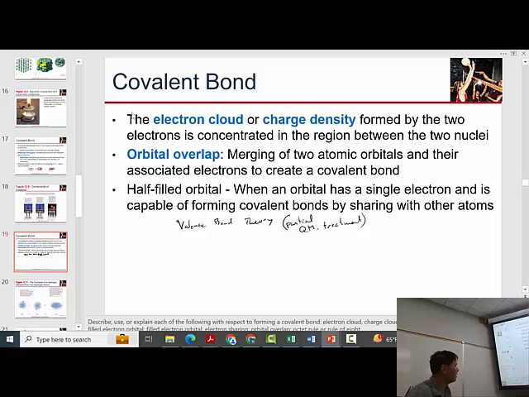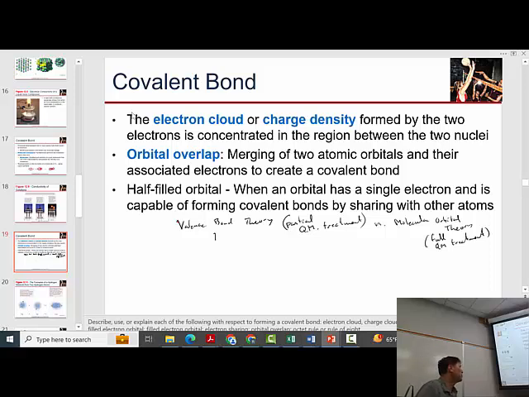There's another theory which is called molecular orbital theory. Molecular orbital theory is the full quantum mechanical treatment for the bond.